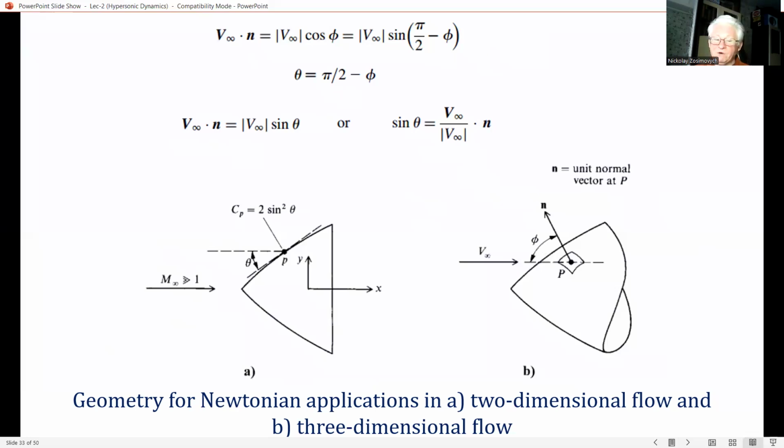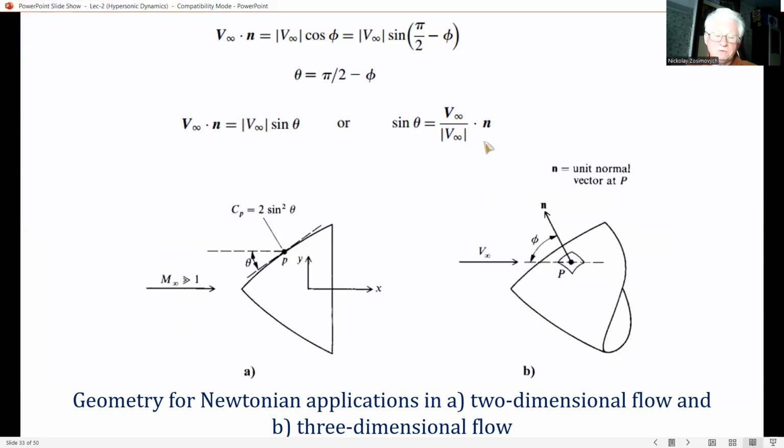And thus, from our equation here, we get the expression on this line, or simplified in more compact form here: sine theta proportional to V infinity dot n over the modulus of V infinity times the normal vector.